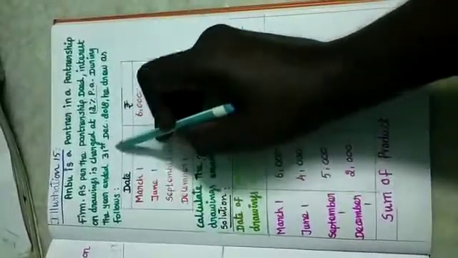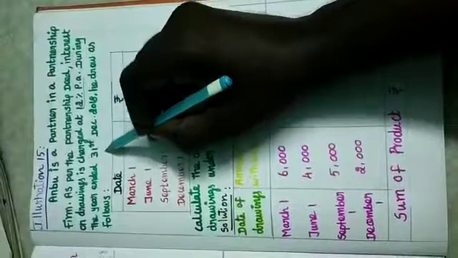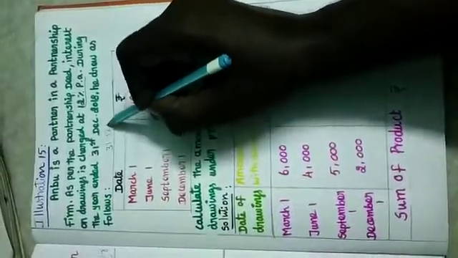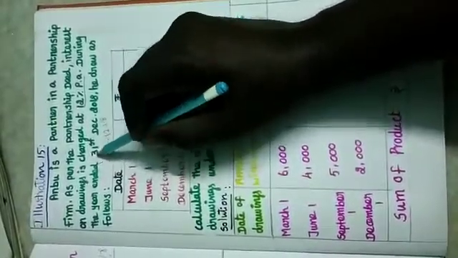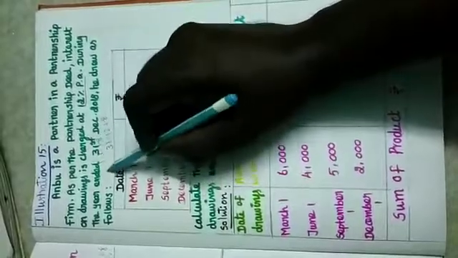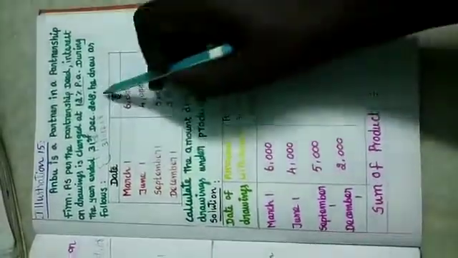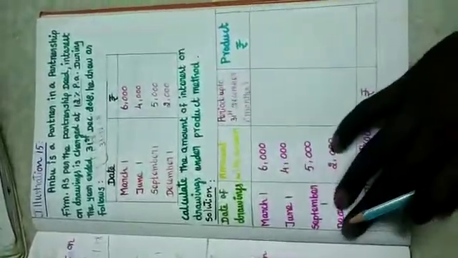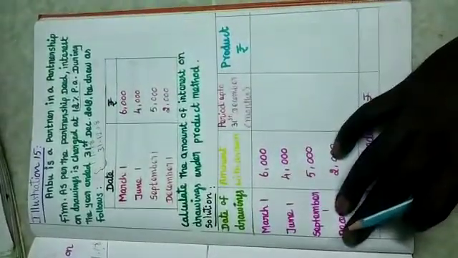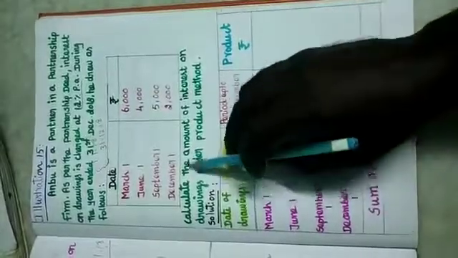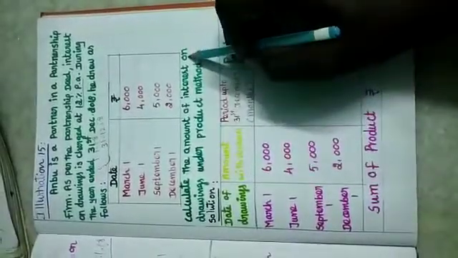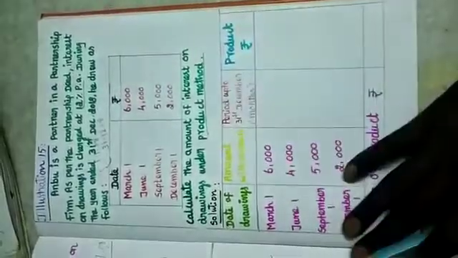During the year ended 31st December 2018, so the accounting period closing date is 31st December 2018 and the opening date is 1/1/2018. He drew as follows. On different dates Anbu has withdrawn amounts, and for that we are going to calculate the interest on drawings. Calculate the amount of interest on drawings under product method.